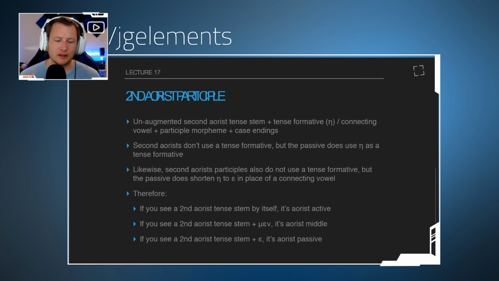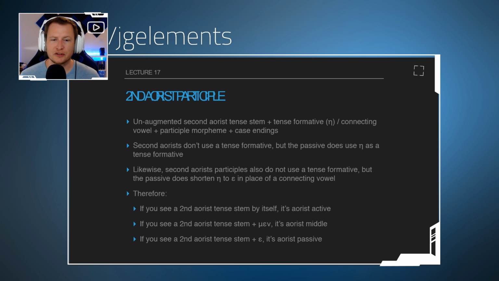So this is where you're going to see the verbs with unique aorist forms, just without the augment. The tense formative is simply eta, or in some cases a connecting vowel instead, plus the participle morpheme, plus the case endings.